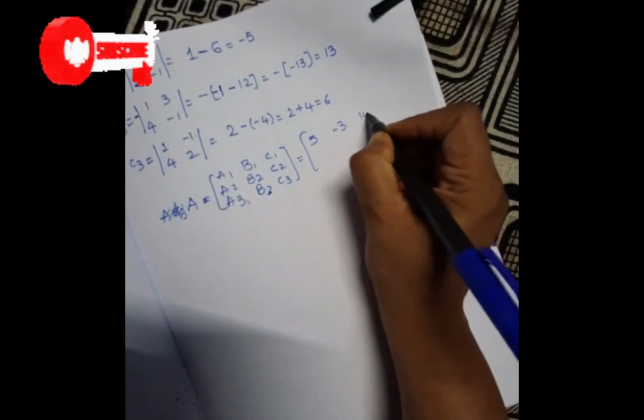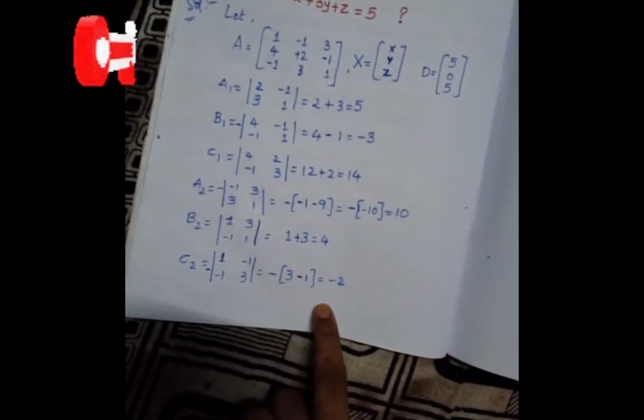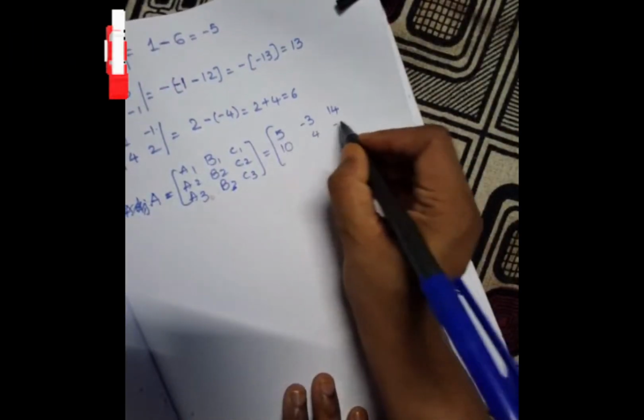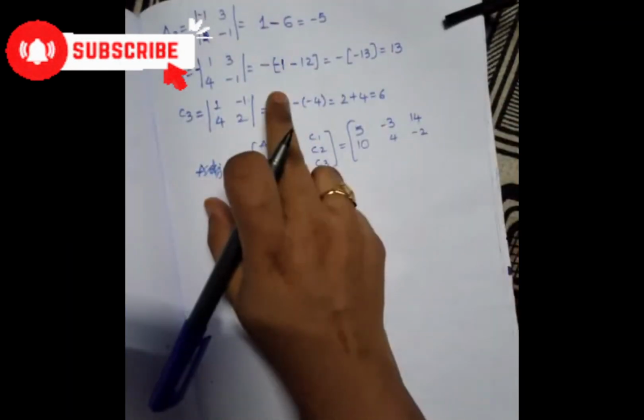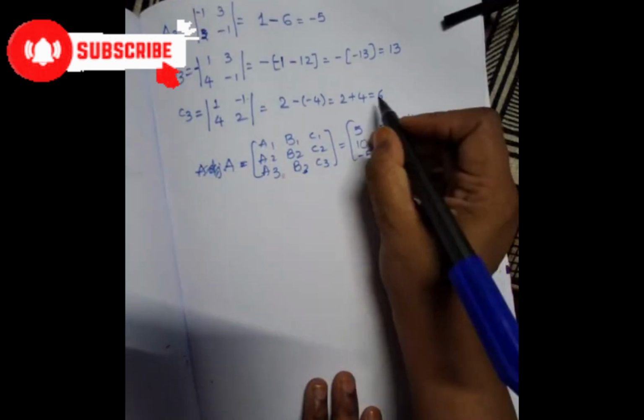A2 B2 C2 means 10, 4, minus 2. A3 B3 C3: minus 5, 13 and 6 here.